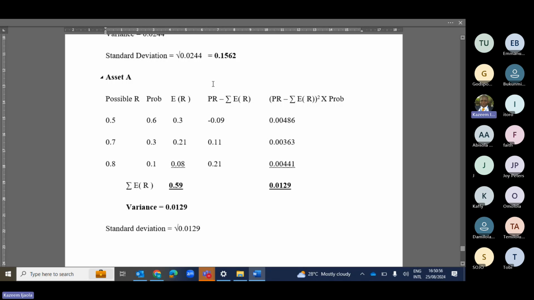Can someone tell me? 0.1136. Okay, 0.1136. So that's for that.